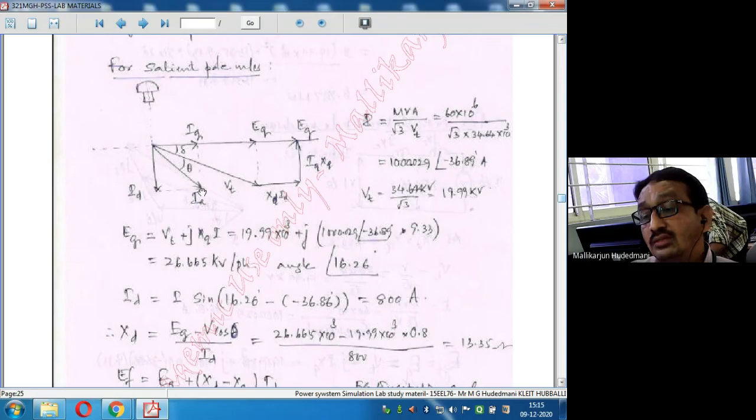Now the component Ia, the total current, is split into two components. You can see there, one component is Id, vertically facing down, a component of the current Ia, which is called the direct axis component. Like a symbol, you can see I have drawn a salient pole like symbol here.